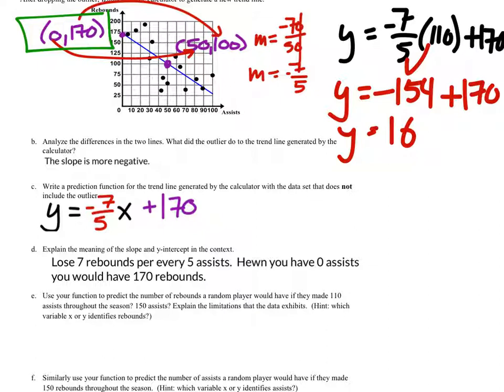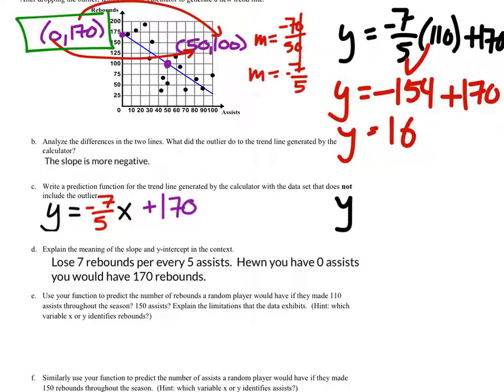So if you got 110 assists, you'd probably get about 16 rebounds. This makes sense if you understand some basketball. Usually people that get a lot of rebounds don't have a lot of assists, and those that have a lot of assists don't usually have a lot of rebounds. Point guards have to pass, and centers always get rebounds and then put it back up.